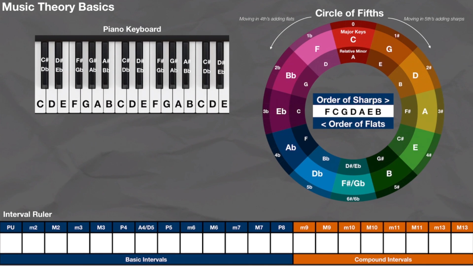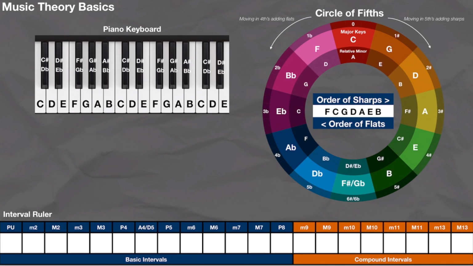A relative minor is simply an additional scale that can be found within the associated key. So the key of C has 0 sharps and 0 flats. Well, if you were to play the A minor scale, it would also have 0 sharps and 0 flats.